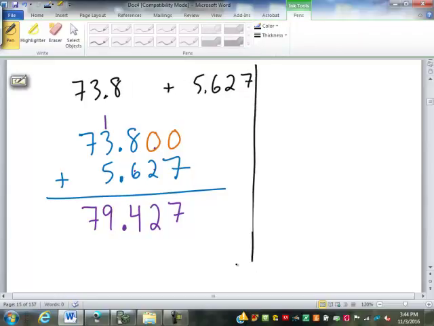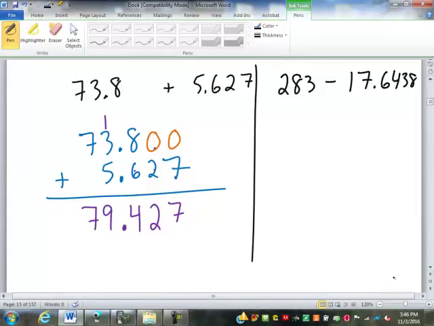For subtraction, we can run into things like this, 283 minus 17.6438. I want you to try that in your notes without a calculator for me, and I'll give you a minute or so, and then we'll take a look at it.